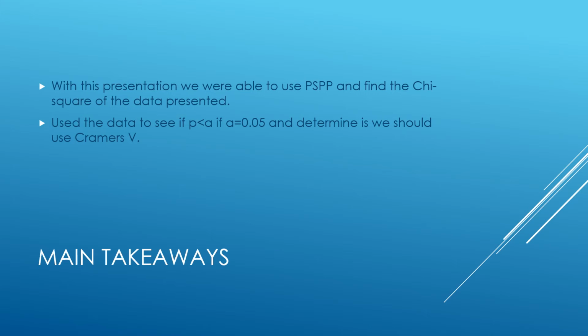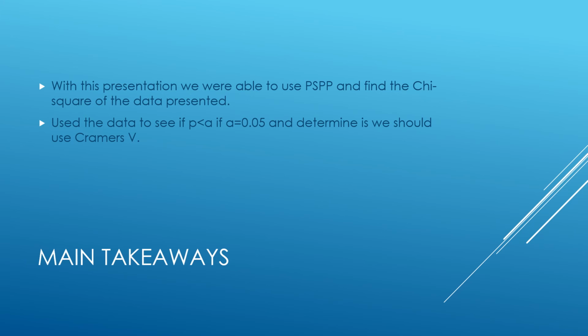So our main takeaways with this presentation: we were able to use the software PSPP and import the data, and then take two variables in that data and find the chi-square of that data. And so in that data, we were able to use our null and alternative hypothesis and find out if there was a relationship based on the chi-squared formula, and if it showed a relationship, we used the Cramer's V to show how strong that relationship was.